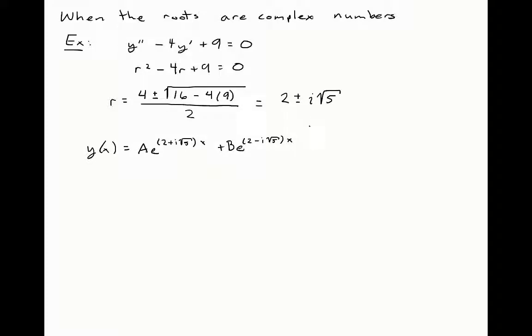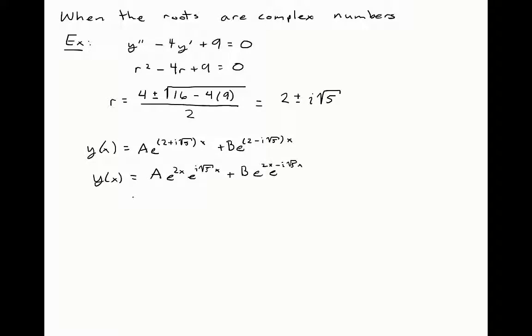We could leave our answer this way, but I don't want to because it's really not obvious what this means for a physical situation. So I'm going to rewrite this so we can actually see what this solution means. First, I'm separating the real and imaginary parts into two separate exponentials.